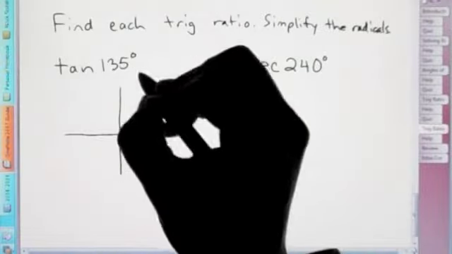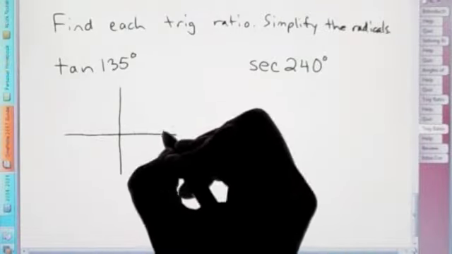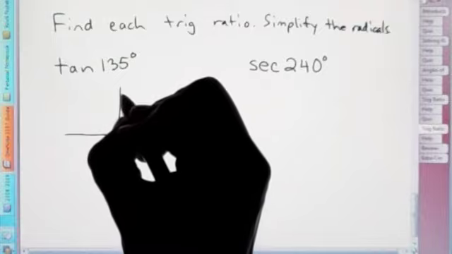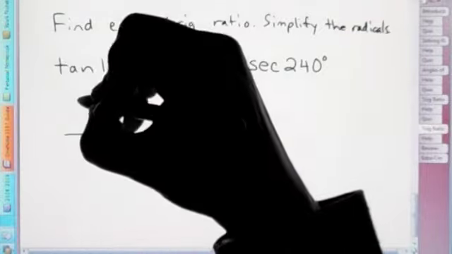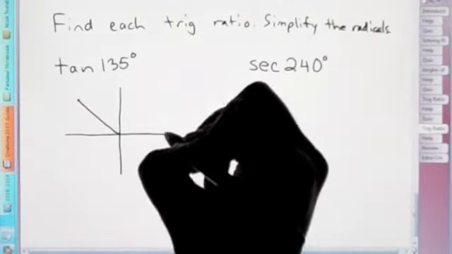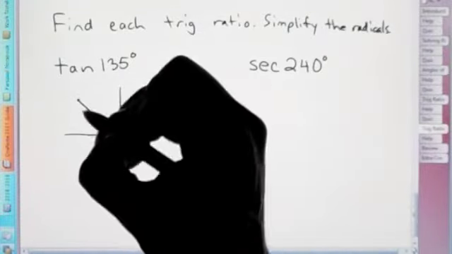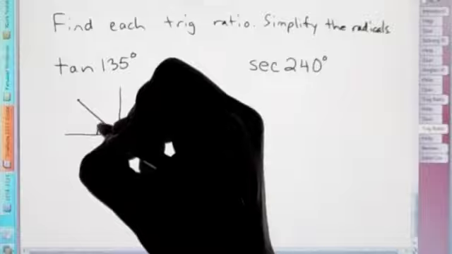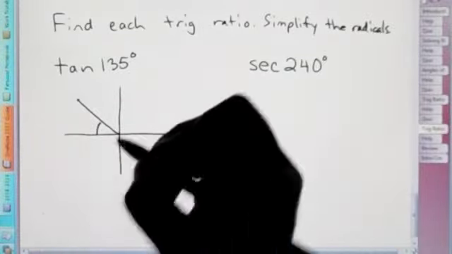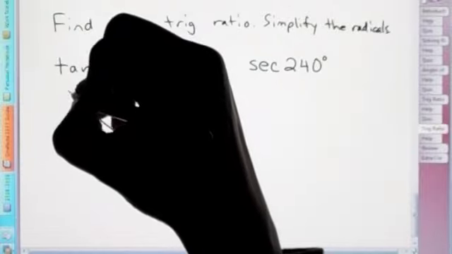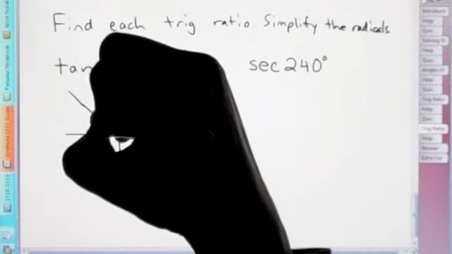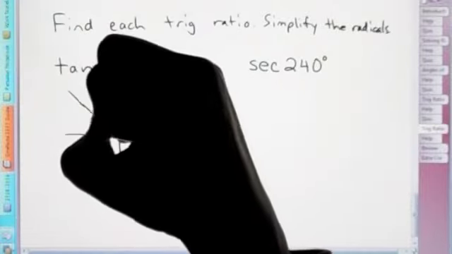We always start on the positive x-axis. This would get us to 90, and then 135 is going to be in the second quadrant. If we went over 135 degrees, this being my terminal angle, it's going to take 45 more degrees in order to get to 180. So I know this underneath right here is going to be 45 degrees.